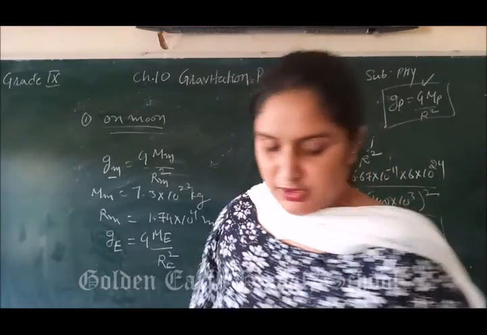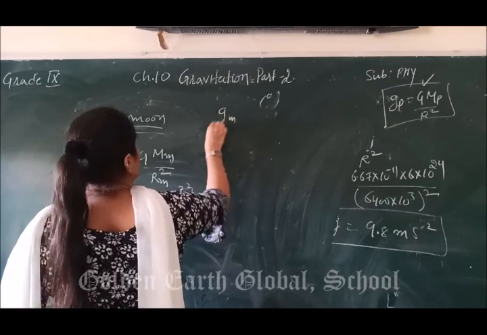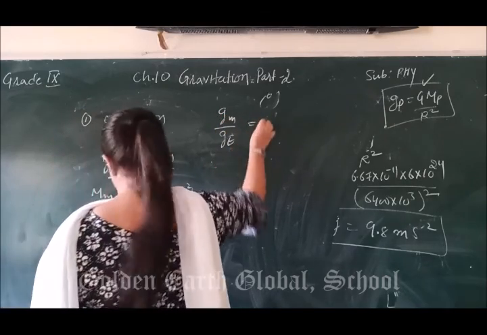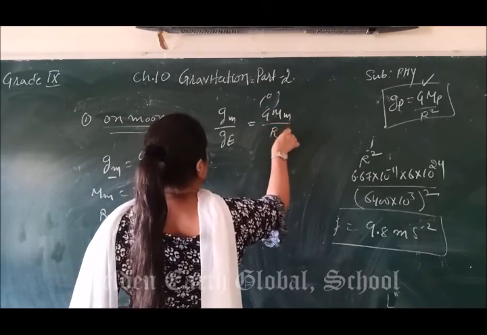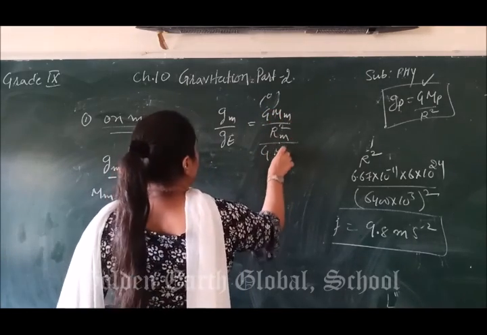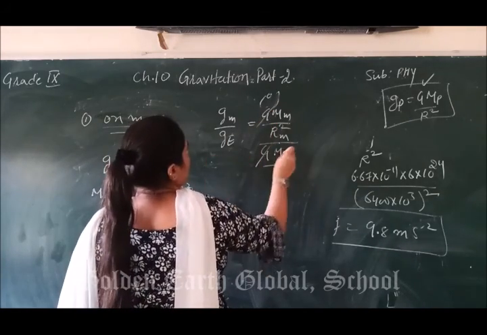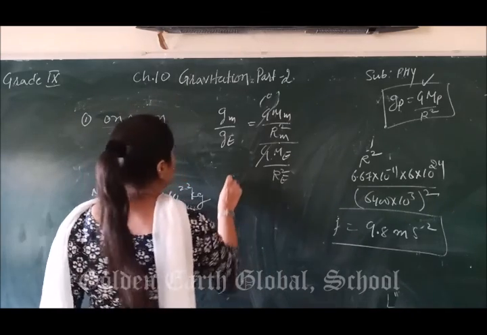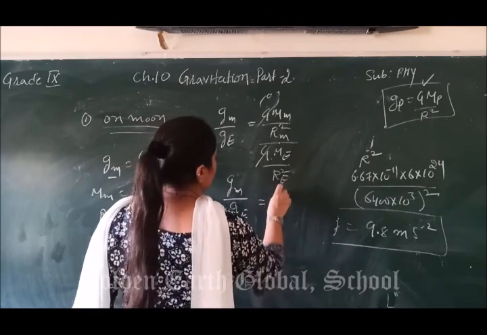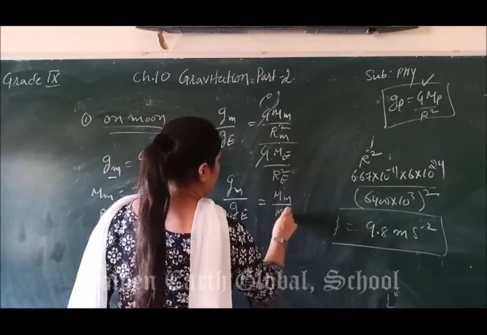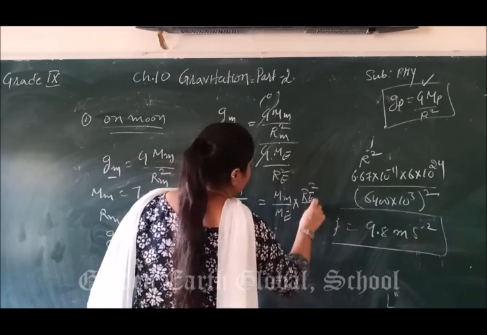Gm upon Ge is equal to G mm upon Rm square, upon G me upon Re square. G goes with G, and from here you are left with Gm upon Ge equal to mm upon me into Re square upon Rm square.